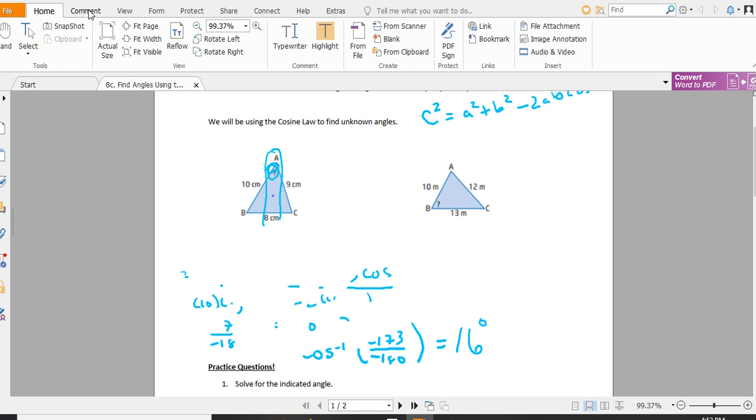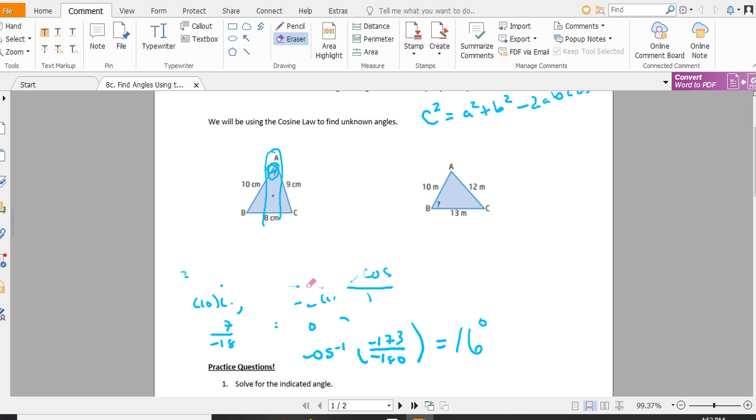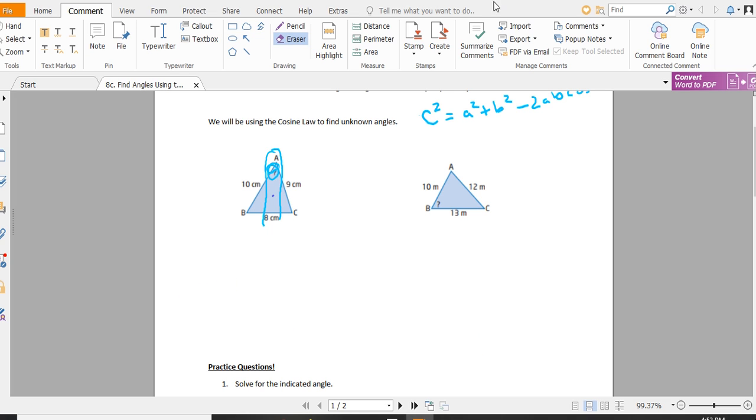No, it doesn't look like it. That's okay. I'm just going to erase that. Almost there. I'm sure there's a more efficient way of doing this, but I've already started. There we go. Okay. Now we're going to do the same thing on the second question.